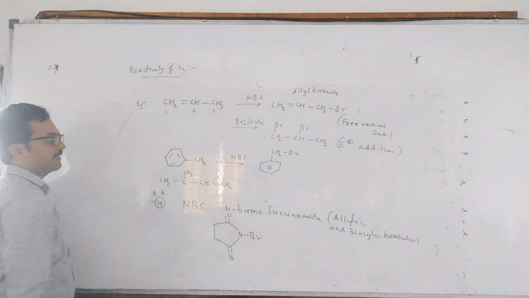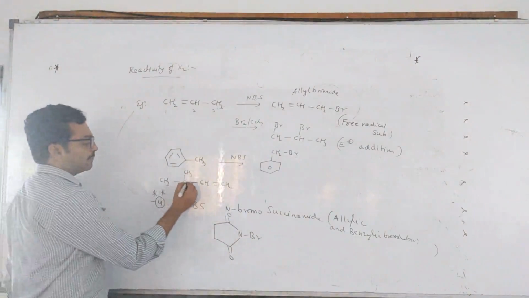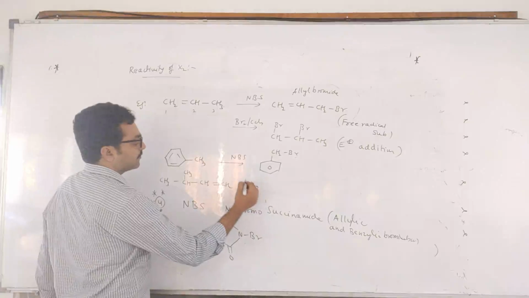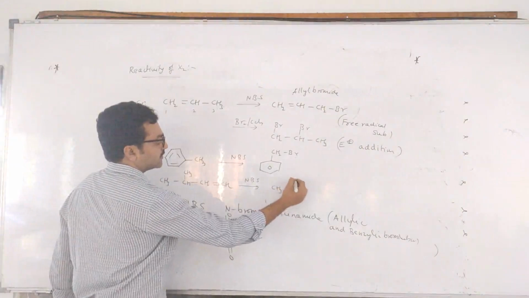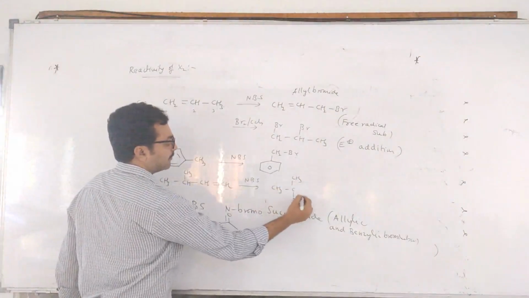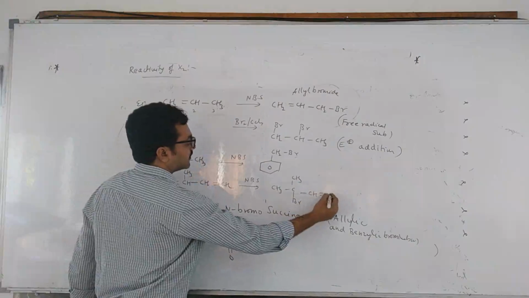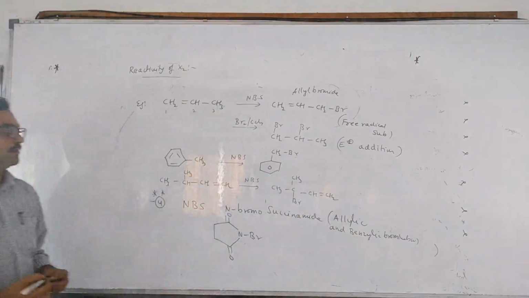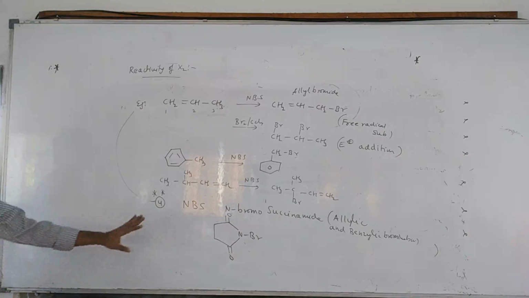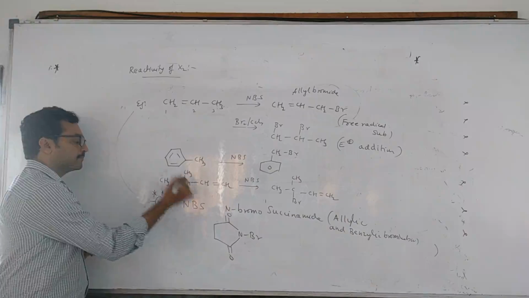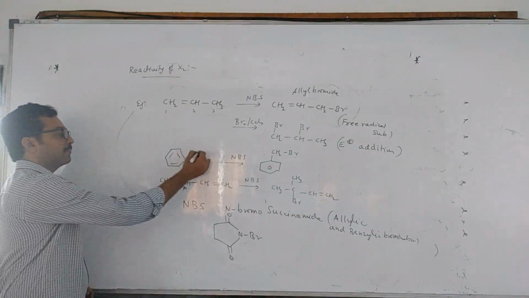So suppose this is the reaction. Same, I added NBS. Then where will it come? CH3, here Br will come. And here CH double bond CH2 will be there. So this is about NBS. NBS is also allylic substitution. Allylic and benzylic mainly we will use. So this is our allylic carbon.